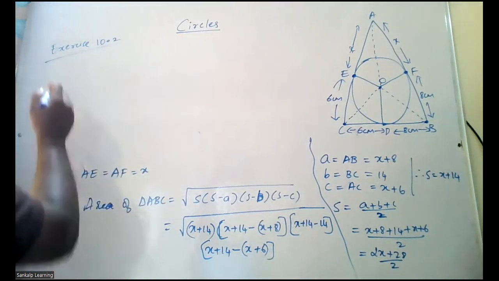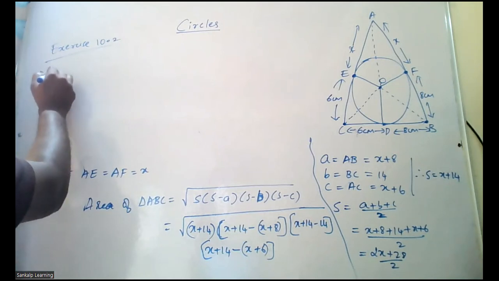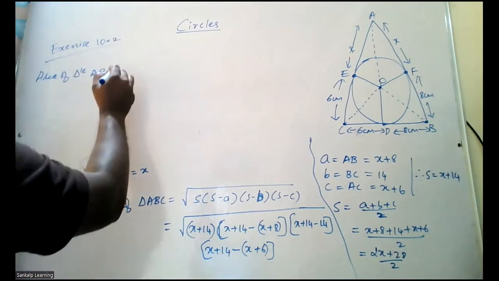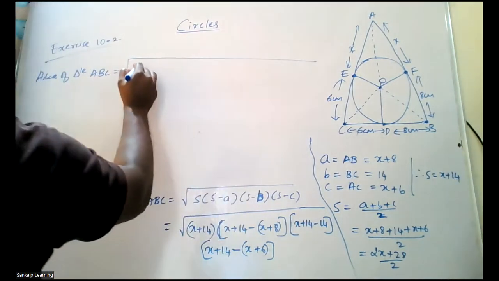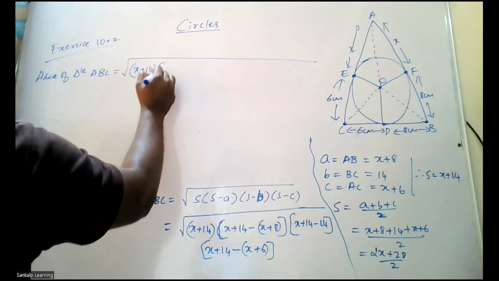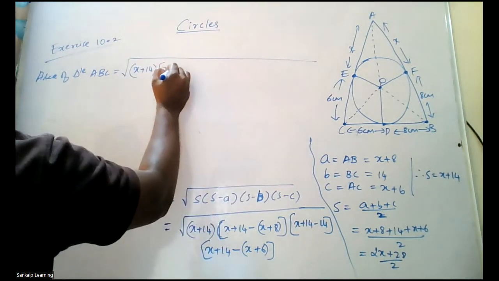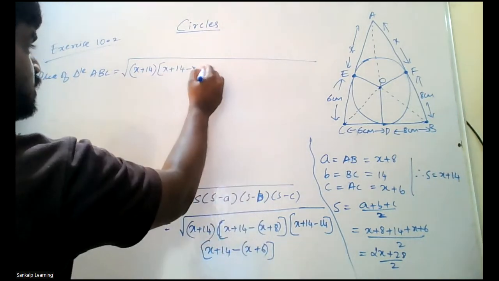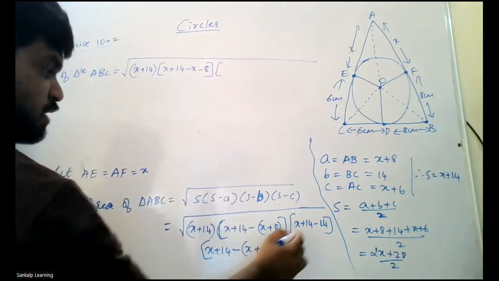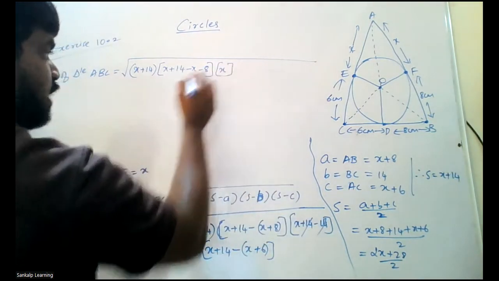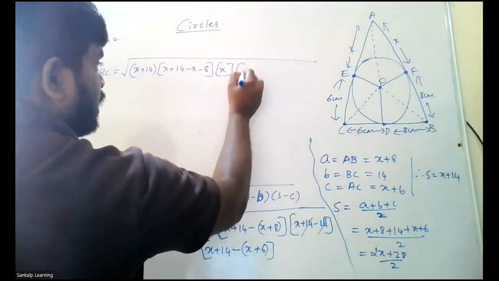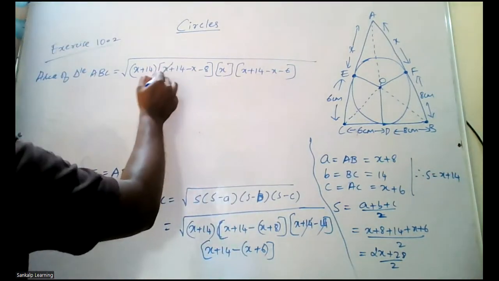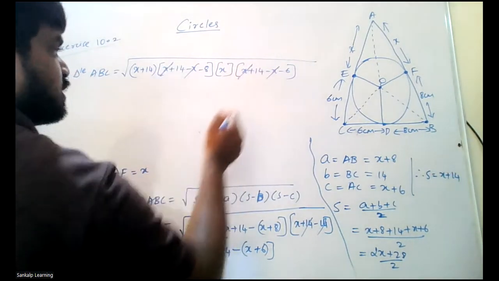So what we have got: area of triangle ABC is equal to square root of x plus 14 into x plus 14, remove this bracket, minus x, minus plus 8 is minus 8. Plus 14 minus 14 gets cancelled. You will be left with x. Then this one, x plus 14, remove the bracket, minus x, minus 6. Plus x minus x gets cancelled.